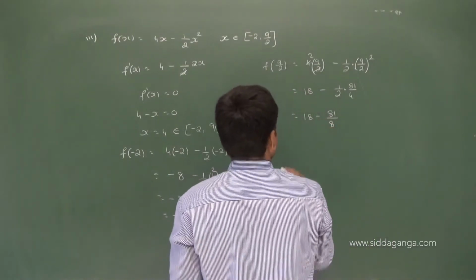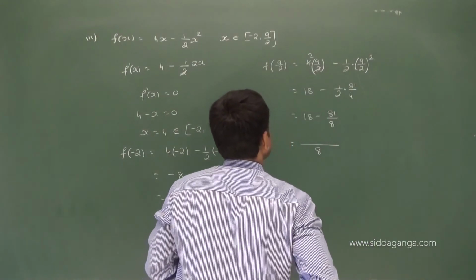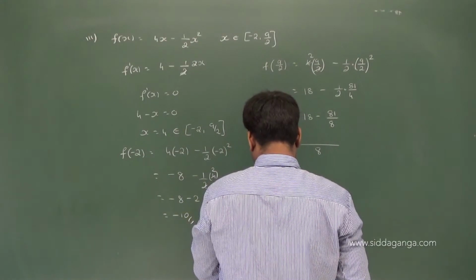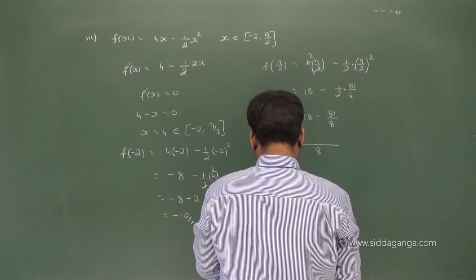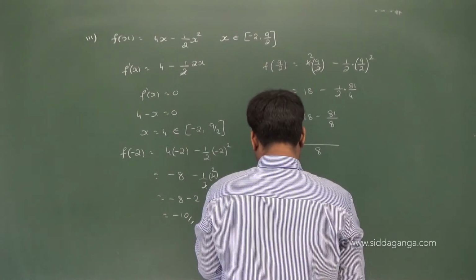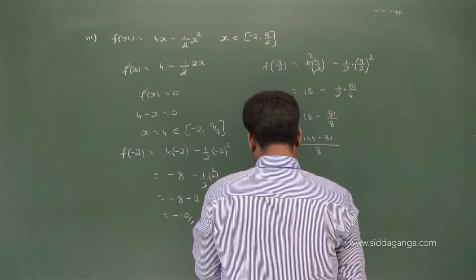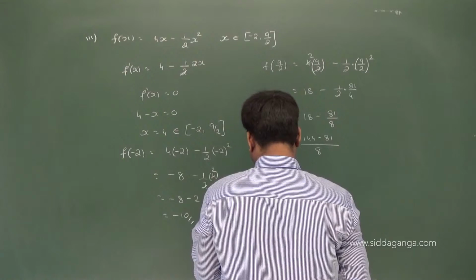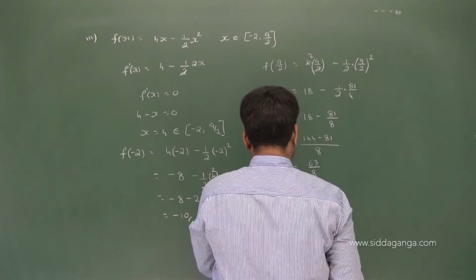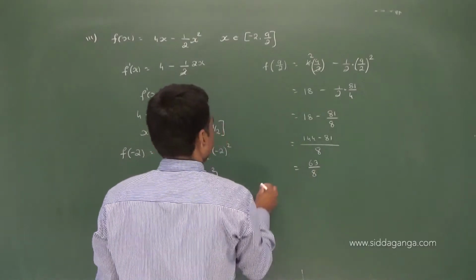Correct? 81 by 8, 8 is the LCM. 144 minus 81, 63 divided by 8.